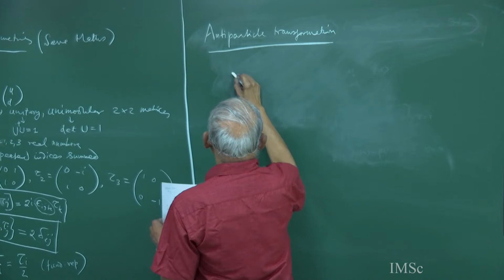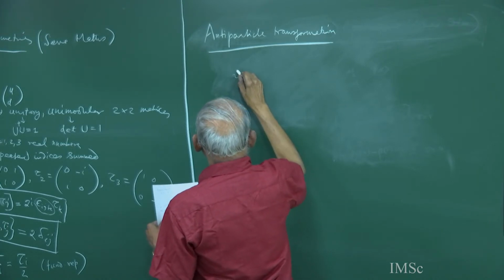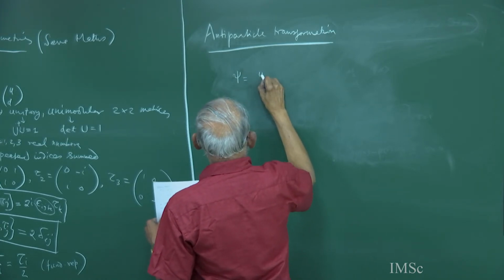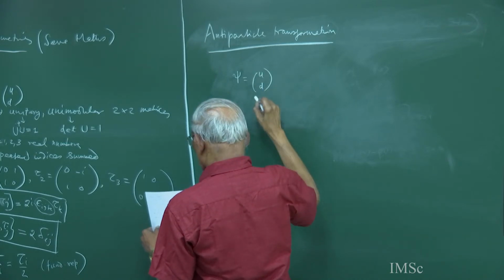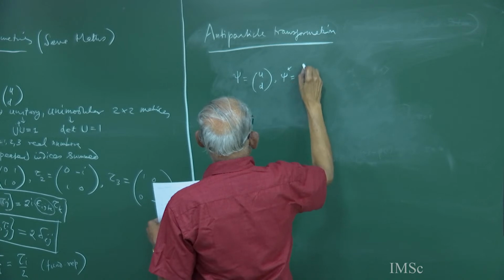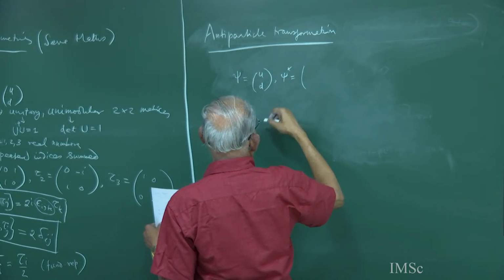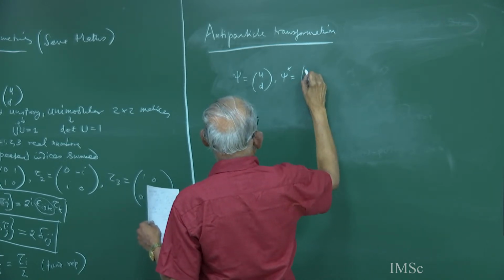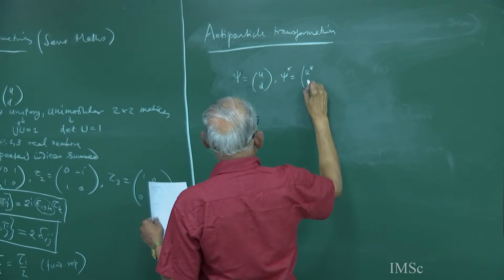Let us call this doublet wave function u d as psi. Then first form psi star. Psi star will be, because an antiparticle always corresponds to a complex conjugate of the wave function, u star d star.